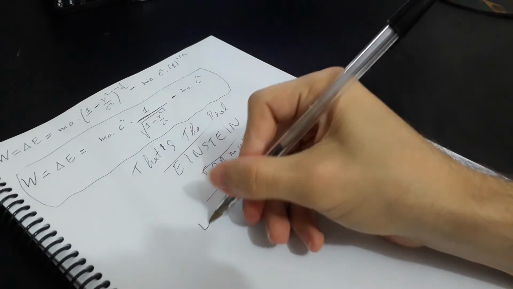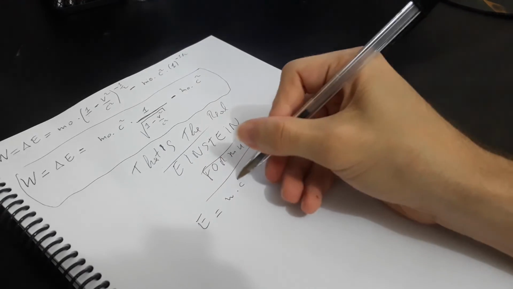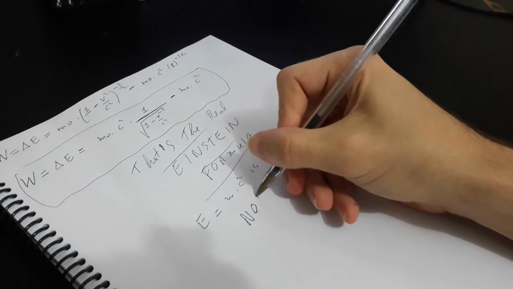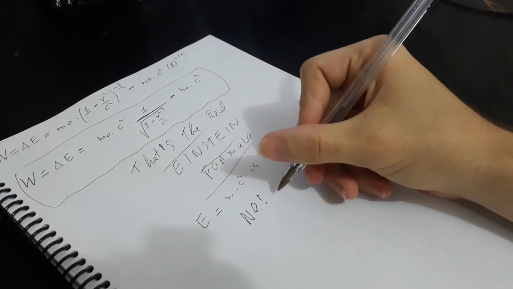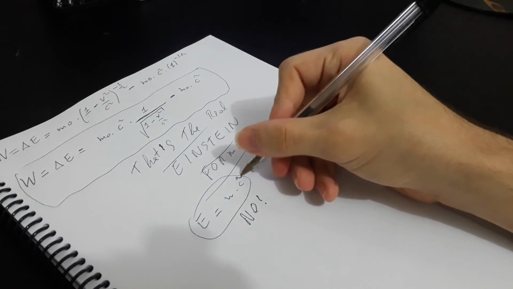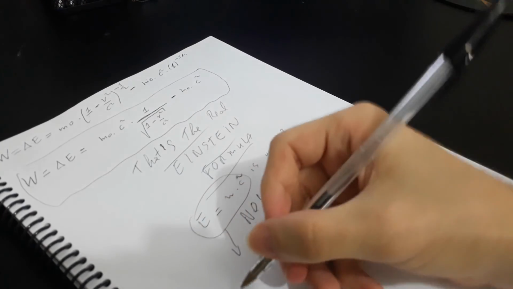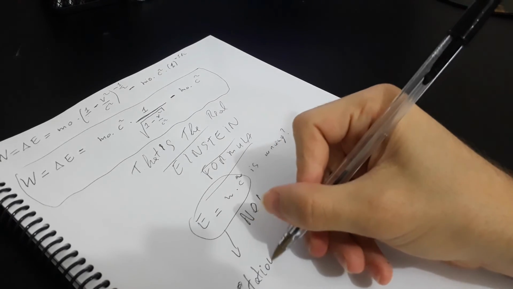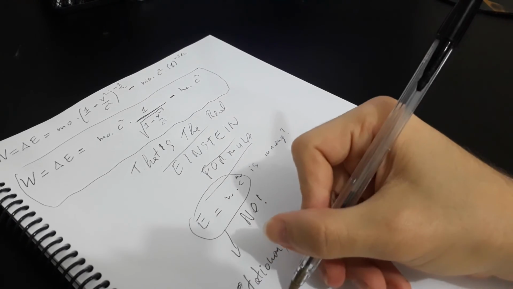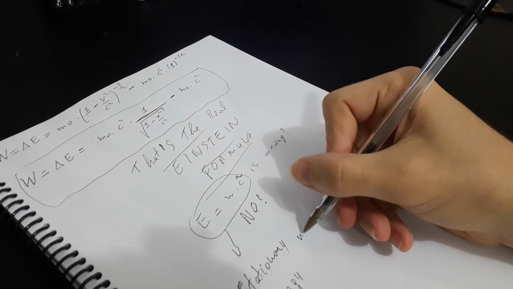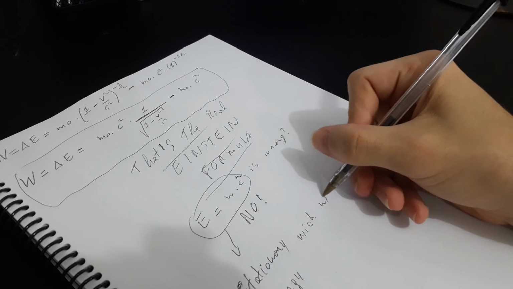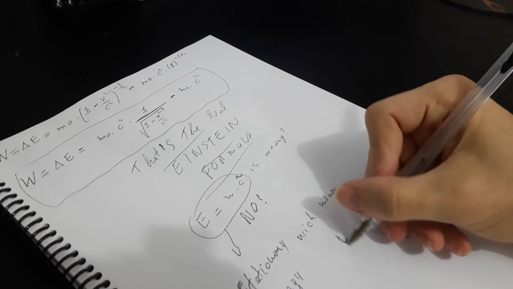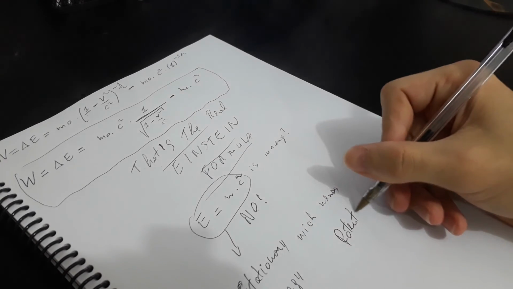But what does this mean? E equals mc squared is wrong? No. But this formula is applied just when I have a stationary energy, okay, which means a potential energy.